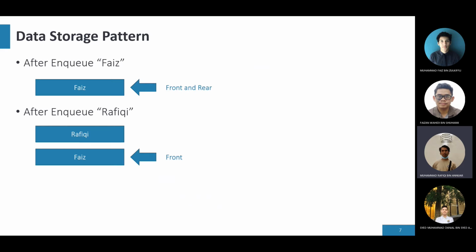Faiz will be the first input, and Faiz will be at the front of the array. After we input, the next input is Rafiqi, and it will be added after Faiz, and Faiz will be front and Rafiqi will be rear.